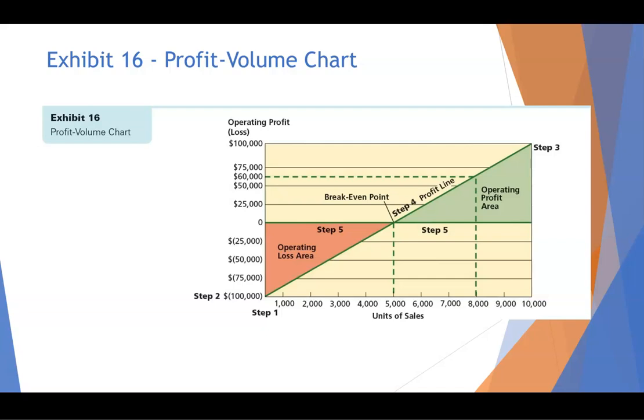Operating profit will be earned when sales levels are to the right of the break-even point. Losses are going to happen when they're to the left of the break-even point. So at sales of 8,000 units, an operating profit of $60,000 will be earned, as you see here.